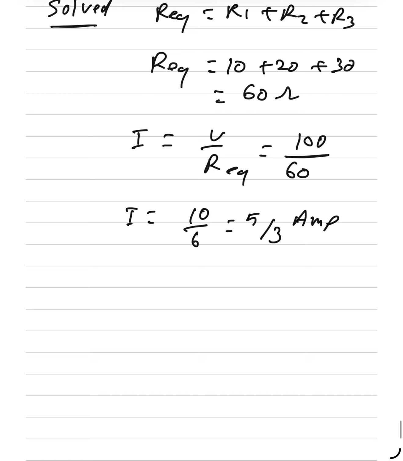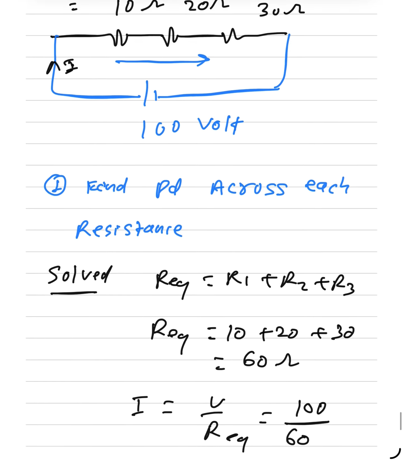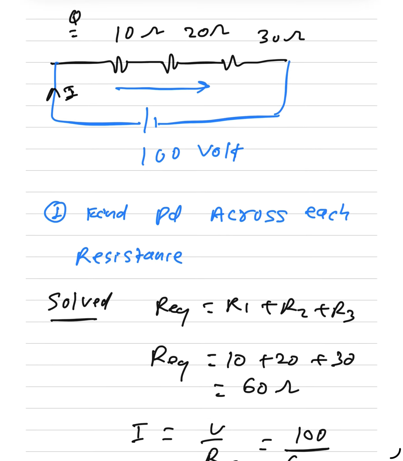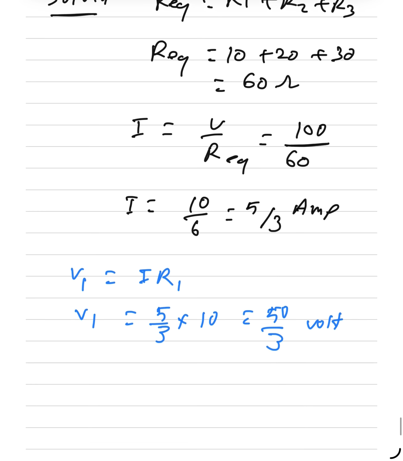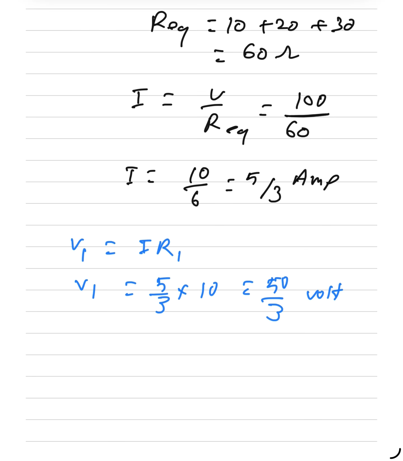Now, the potential difference in the first resistance is V1, here V2 and here V3. From Ohm's law, V equals IR, so V1 equals I R1, which is 5 divided by 3 times R1 of 10, which is 50 divided by 3 volt. This is the potential difference across the first resistance.